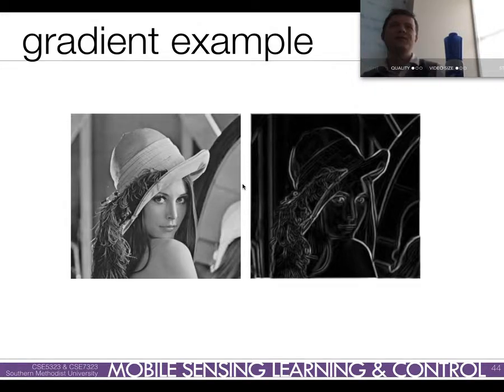Does anybody know the story behind this image? I've seen it like 100 times. This image shows up everywhere in image processing. It's in almost every single paper. The reason this story is interesting is because this image actually came from a Playboy article. Someone used it in one of the very first image processing papers. They were like, oh, here, this is called the Lena image.